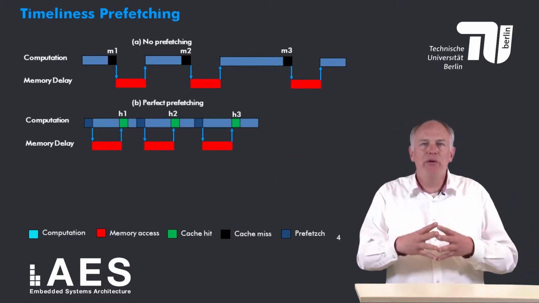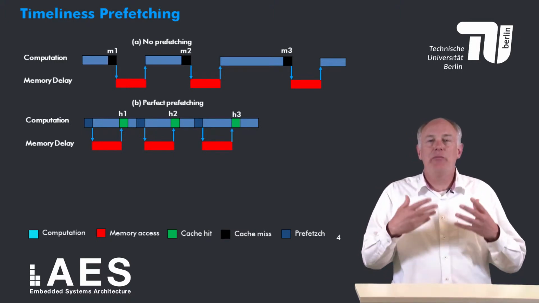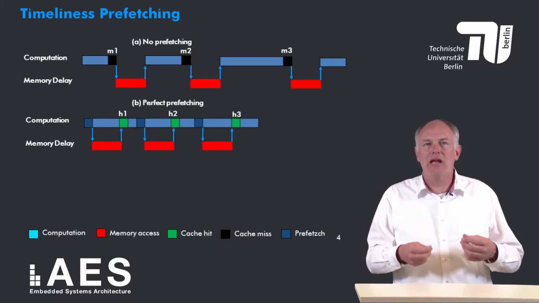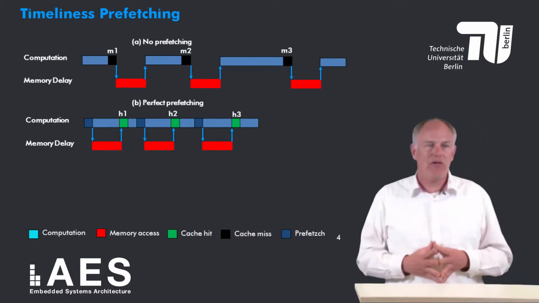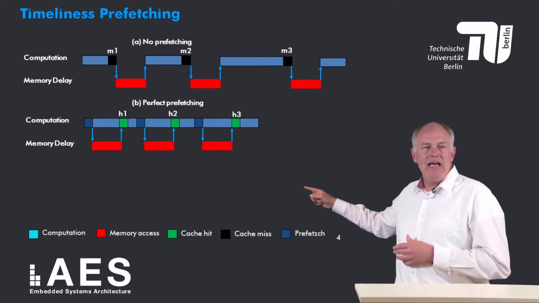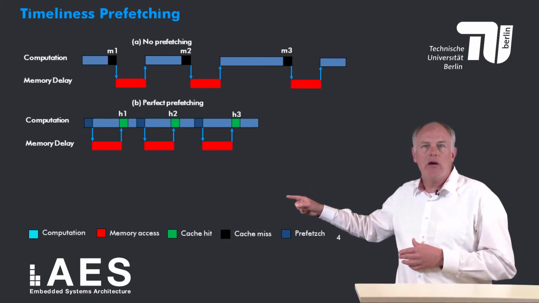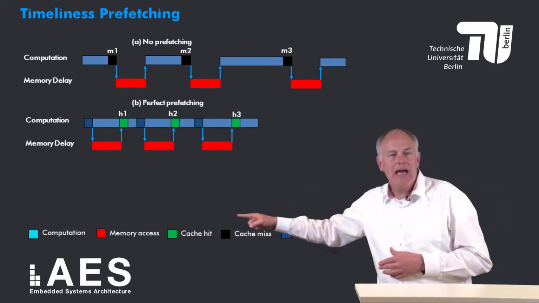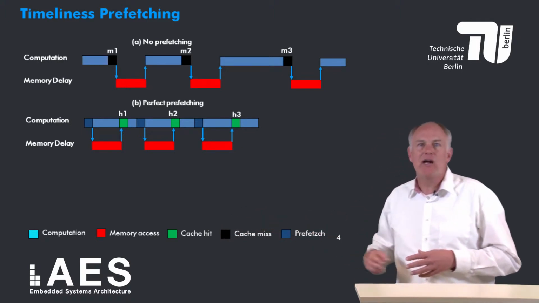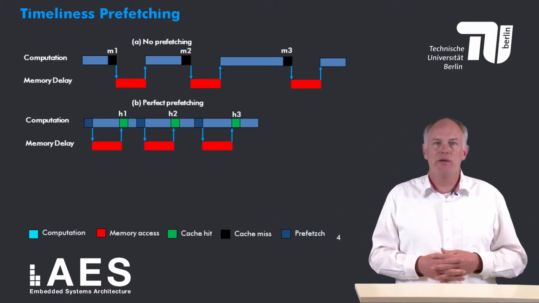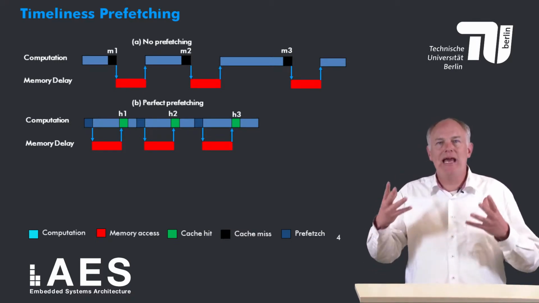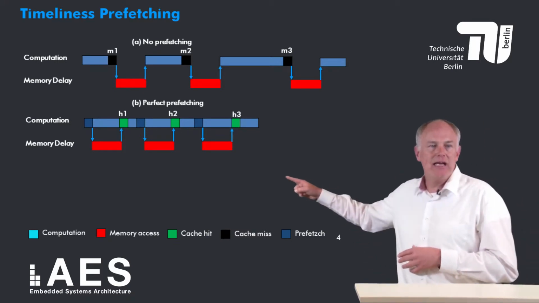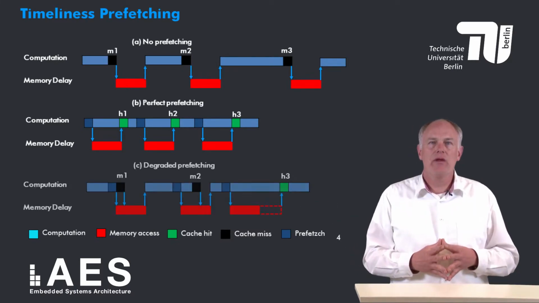When we have perfect prefetching, the prefetches are issued exactly on time, as illustrated in this timing diagram. The prefetches, indicated by the dark blue color, are issued exactly memory latency cycles before they are used. So when the CPU accesses the prefetched data, it will hit in the cache as indicated by the green colors.